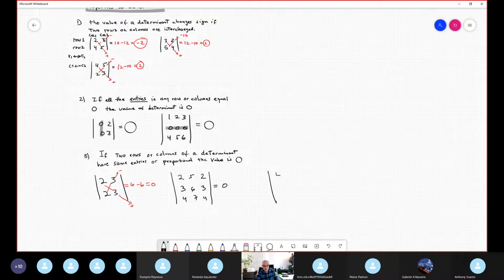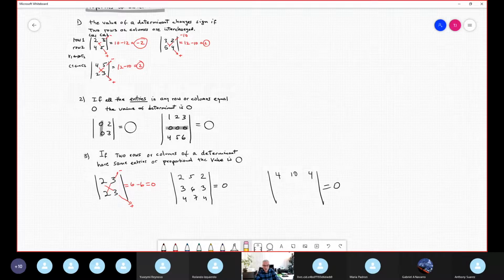So 4, 10, and 4. And the rest is 3, 6, 3, and 4, 7, 4. It's also 0. So not necessarily equal, but proportional to each other. Okay, no, this is obvious. It's 0 because it's the same. Not a good example.